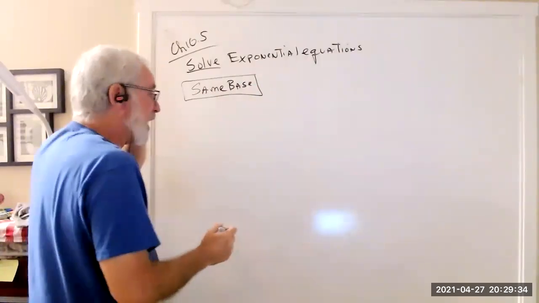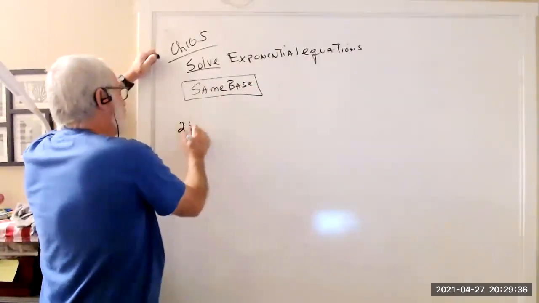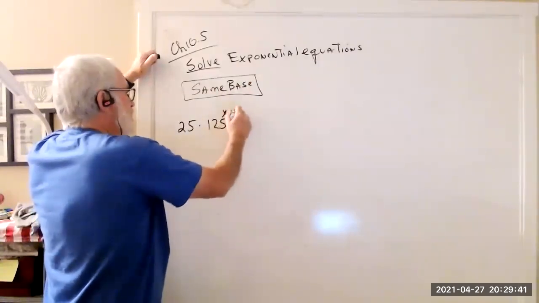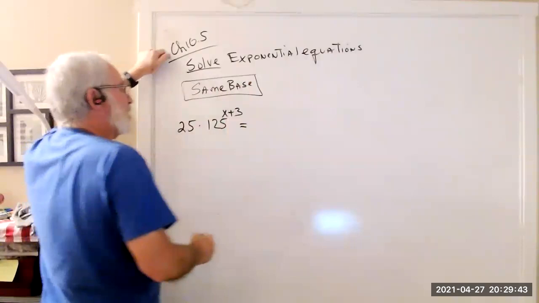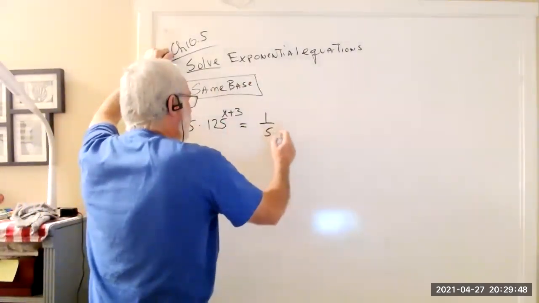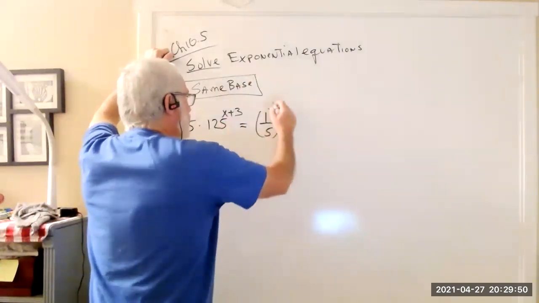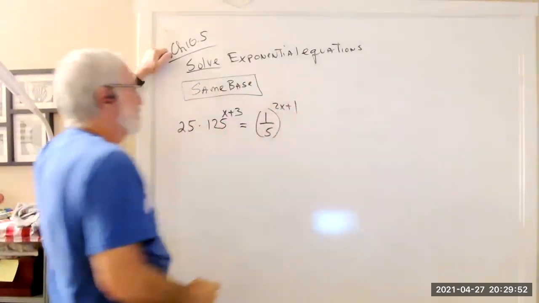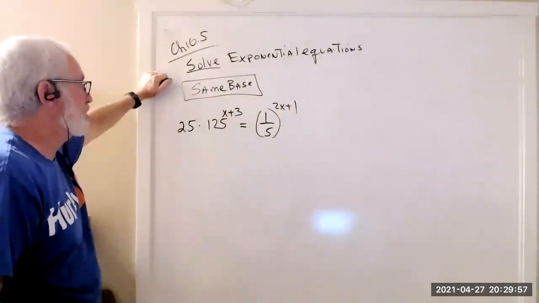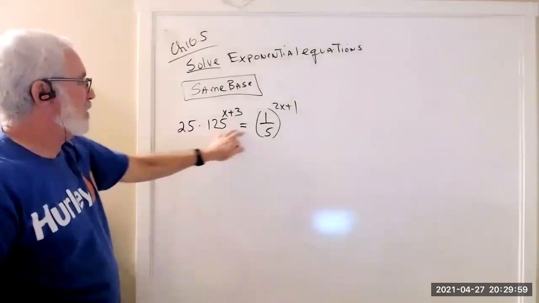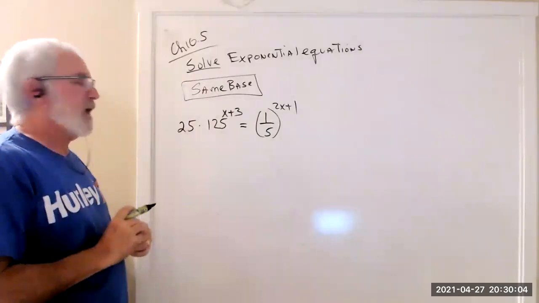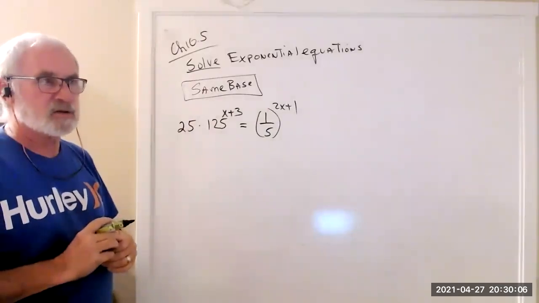An example of that was something like 25 times 125 to the x plus 3 equals 1 over 5 to the 2x plus 1. Now I'll walk you through this one, but we studied those. All of these can be rewritten as the same base.